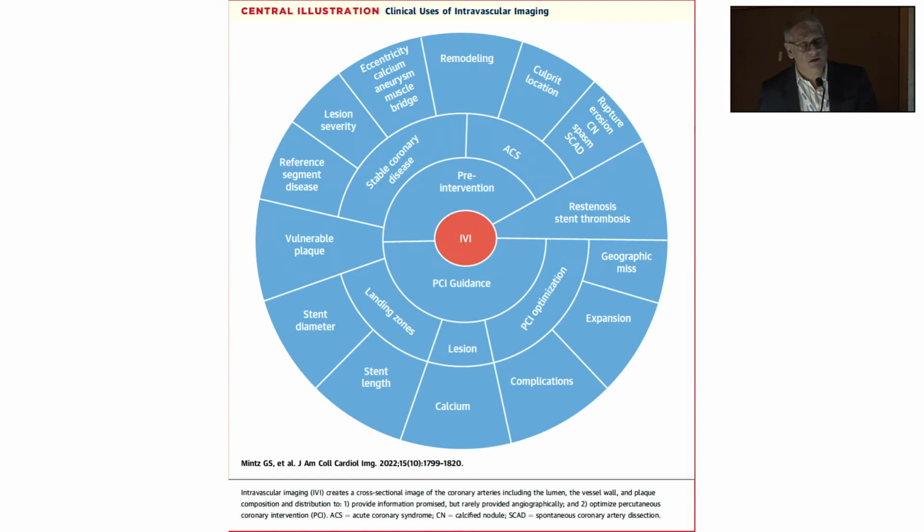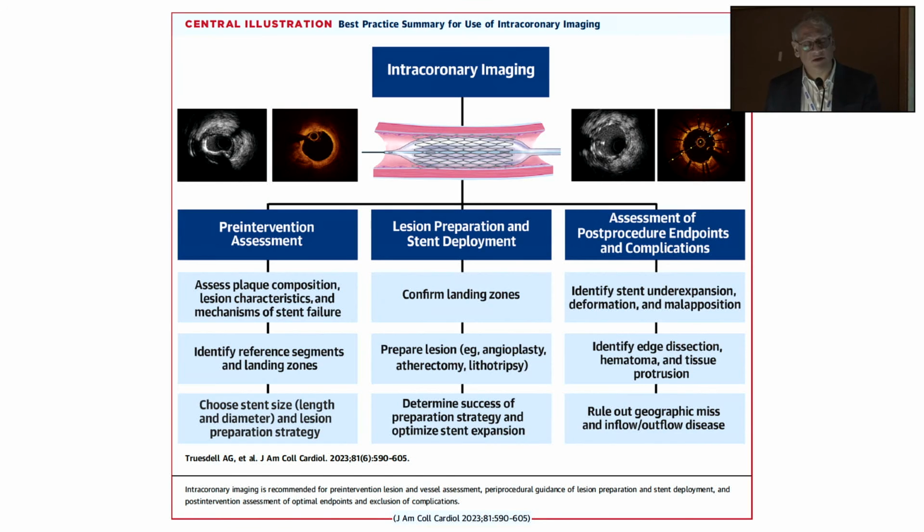So we use intravascular imaging for various indications, but in the setting of an intervention, it's very useful as a pre-intervention assessment. It guides us how to prepare the lesion and which stent to deploy, what pressures to deploy at. And it also helps us to assess the post-procedural endpoints and complications, where it is unexpanded, malopposed, if there are any dissections, all those aspects we will come to know.